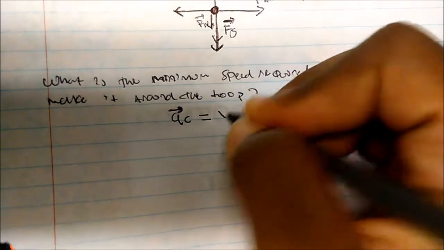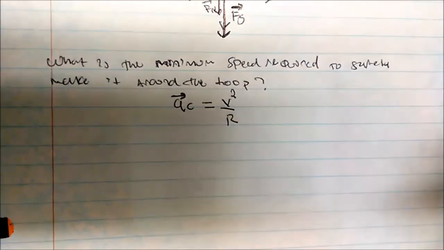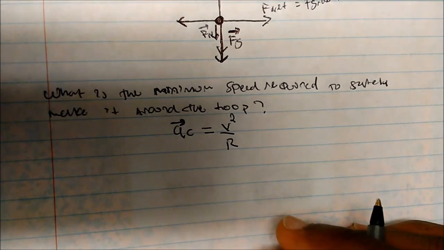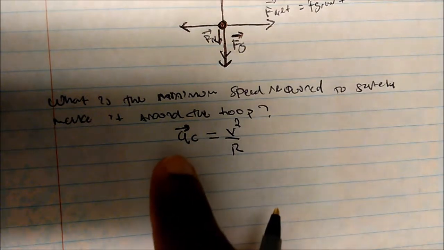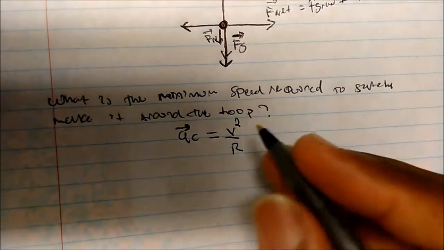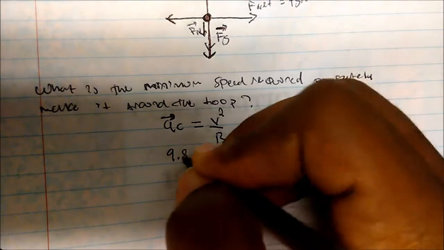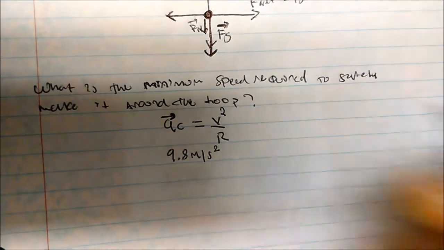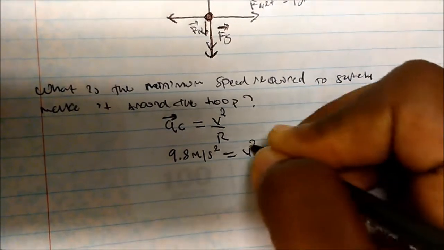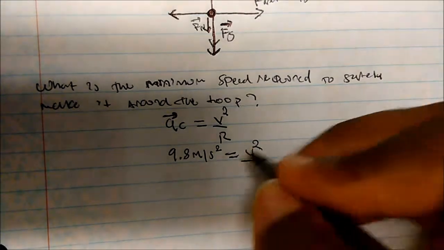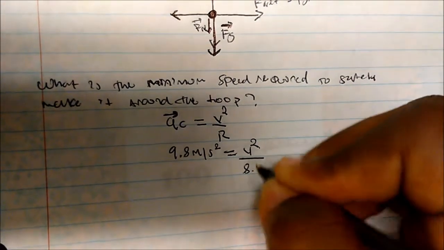Okay, so we know that acceleration due to the force of the center is equal to the velocity squared divided by r. Now, what's my acceleration due to the center? Well, this is gravity, and so that's 9.8 meters per second squared. And we know that's equal to the velocity squared divided by r. Well, what's my r? In this problem, my r was 8.4 meters.